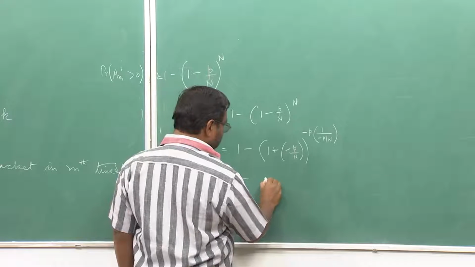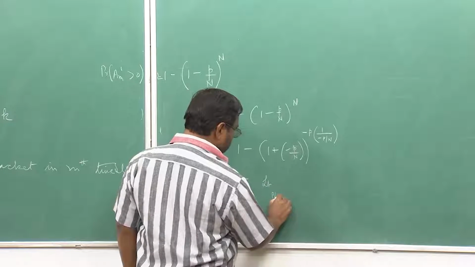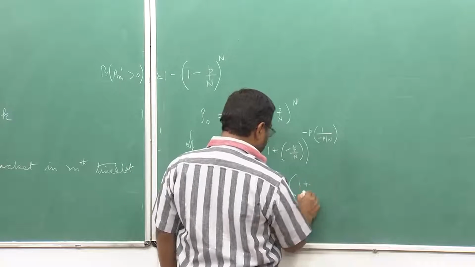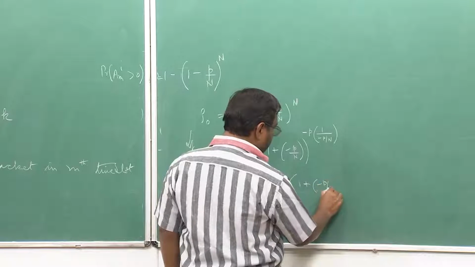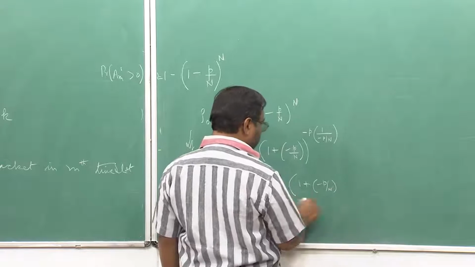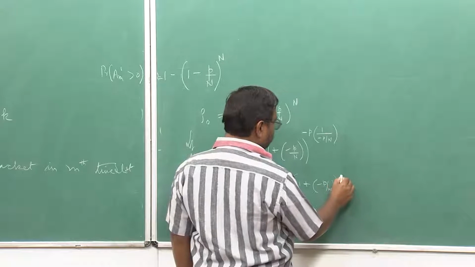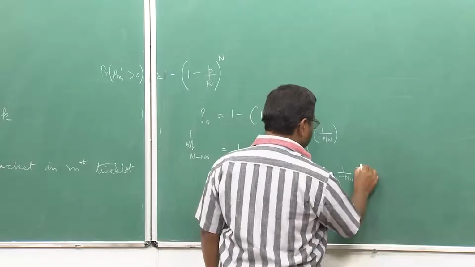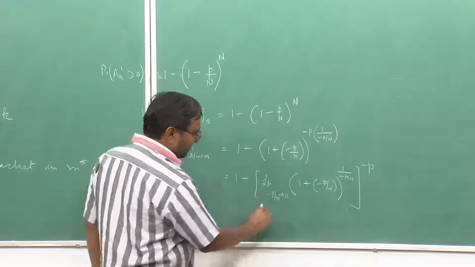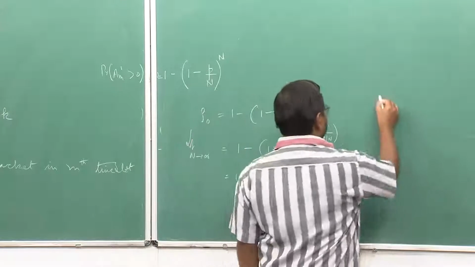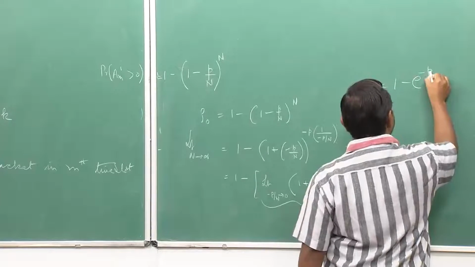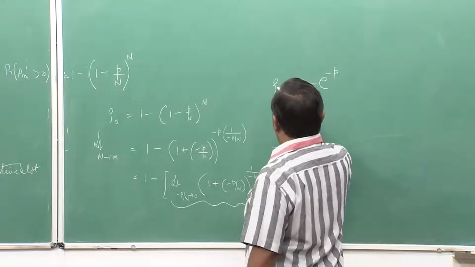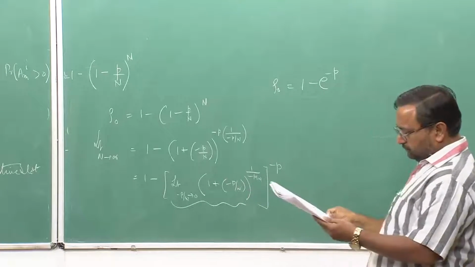So, this can be written as the limit as p by n goes to 0. So, this is nothing but an expression for the exponential. So, this results in 1 minus e raised to the power minus p. So, rho naught has to be equal to this.